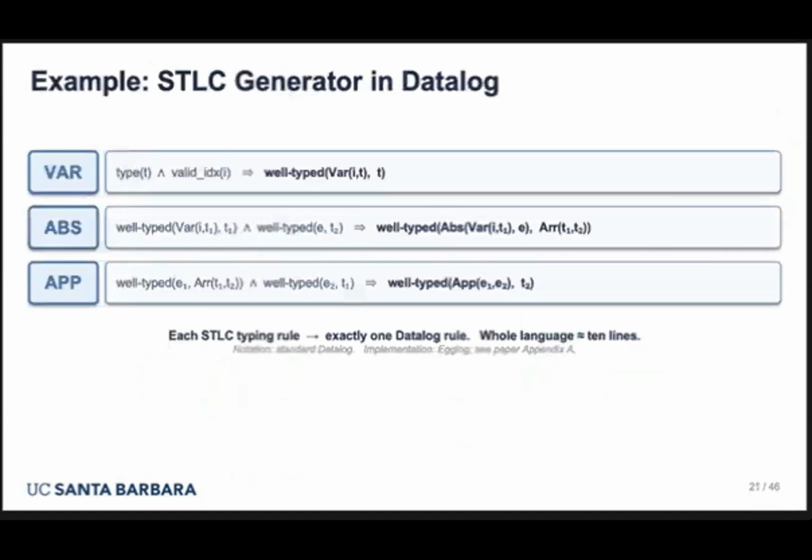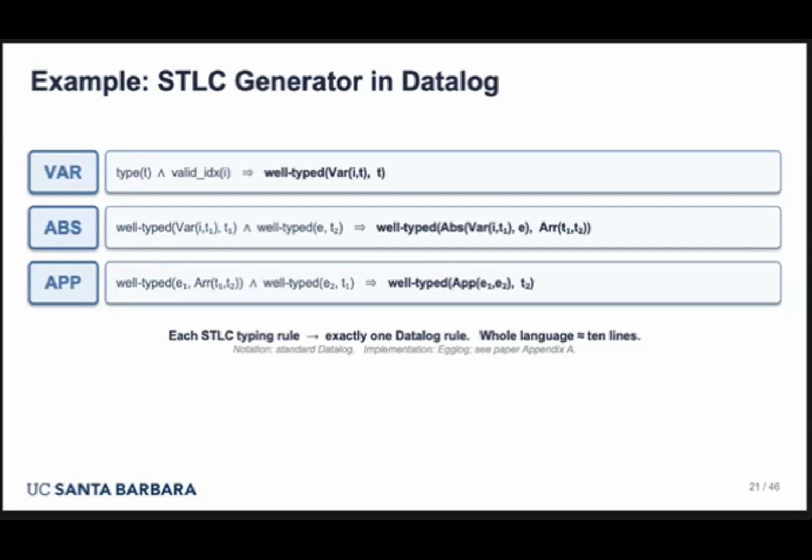So next, let's look at a more complete example of using Datalog to write a generator for a simply typed lambda calculus. We already saw the function application rule before, but here we also see the variable and the lambda abstraction rule as well, with their translation into Datalog rules.